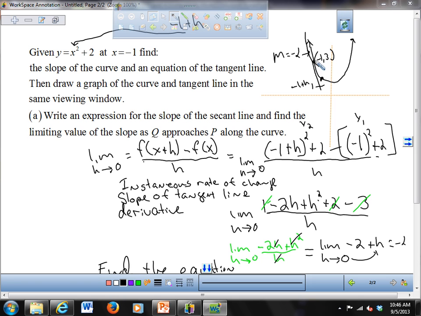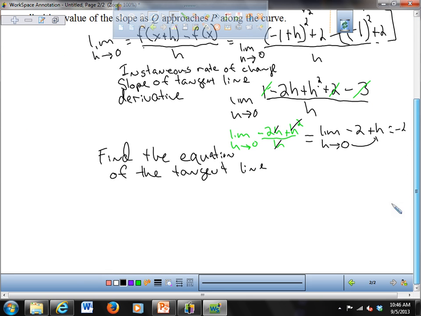This is the point x comma f of x, which is -1 comma 3. If I plug in -1 in here, I get out 3, so it has to go through this point. And I know the slope is -2. So I'm going to use the point slope formula, y minus y1 equals m times x minus x1.